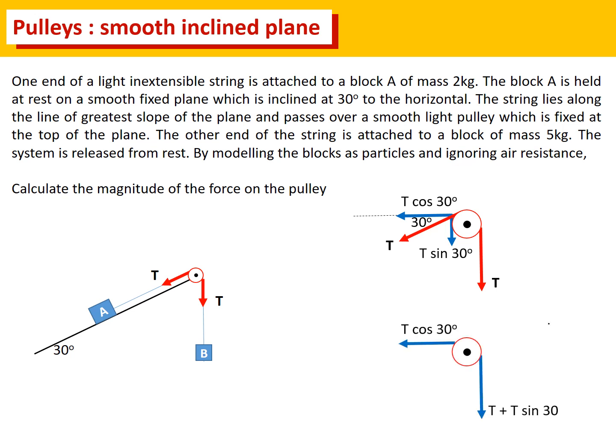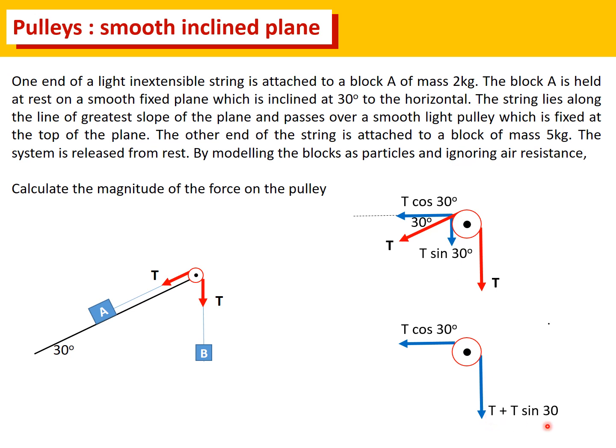So now these two red tensions are equivalent to this blue system of forces, T cos 30 horizontally, and then T downwards from that tension, plus this T sine 30 component here.